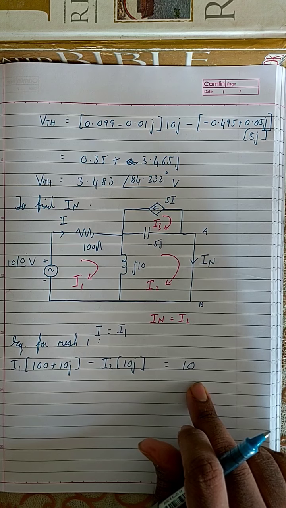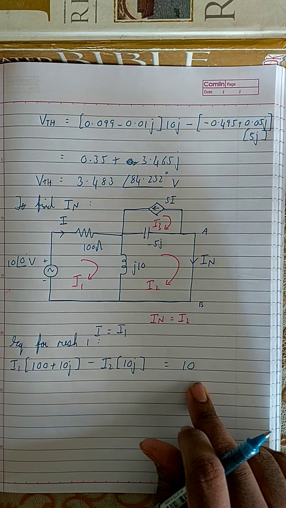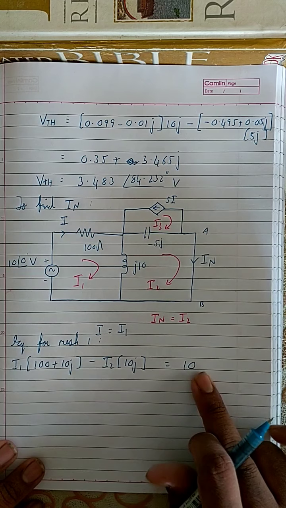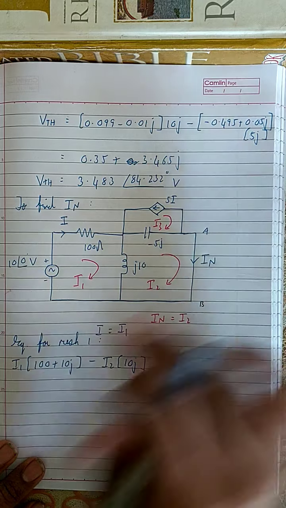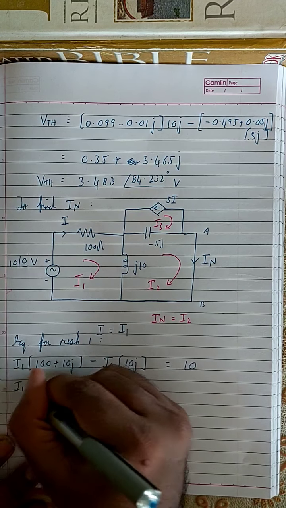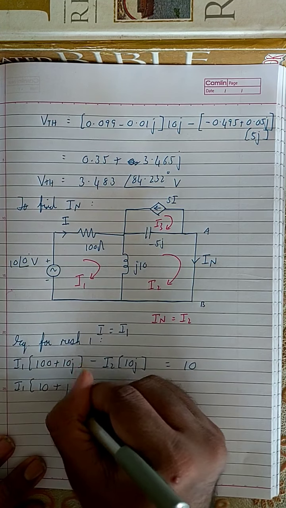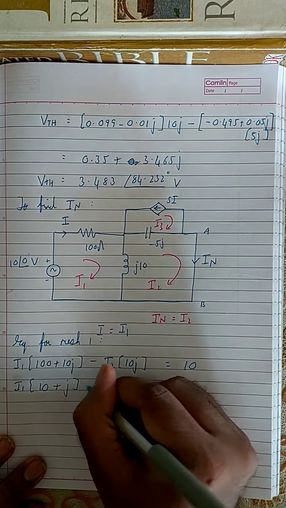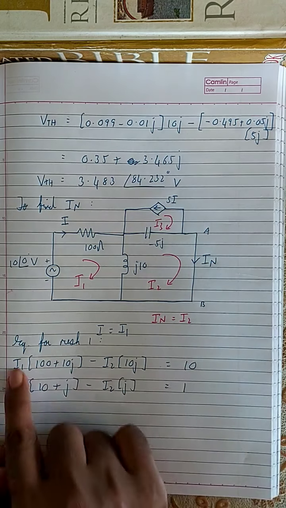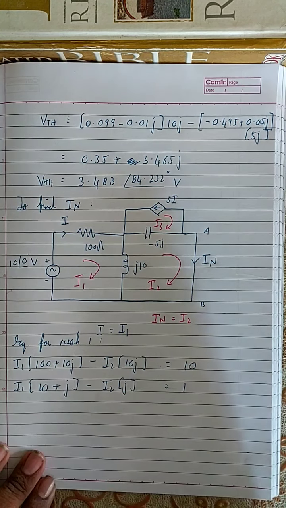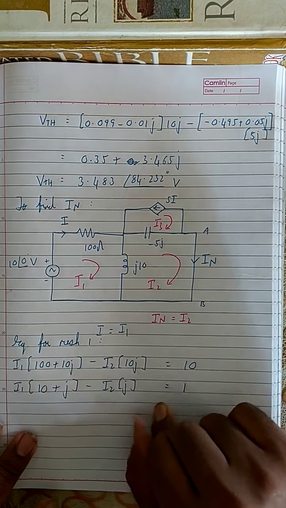This whole thing is divisible by 10, so I can simplify this equation. There's no I3, I3 is not touching this element anywhere. So I can say this is I1 into (10 plus j) minus I2 into j is equal to 1. Dividing this whole equation by 10, I get this equation. So this is the equation for mesh 1.